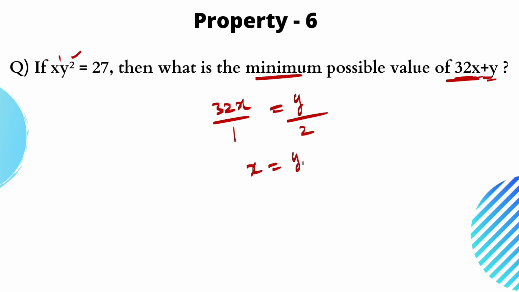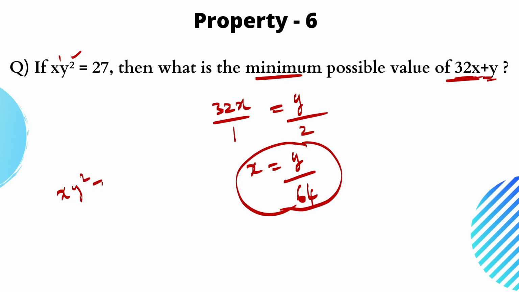So x is equal to y by 64. Xy square is equal to 27, so if we substitute the value of x here, then y by 64 into y square is equal to 27, and y will be equal to 12.